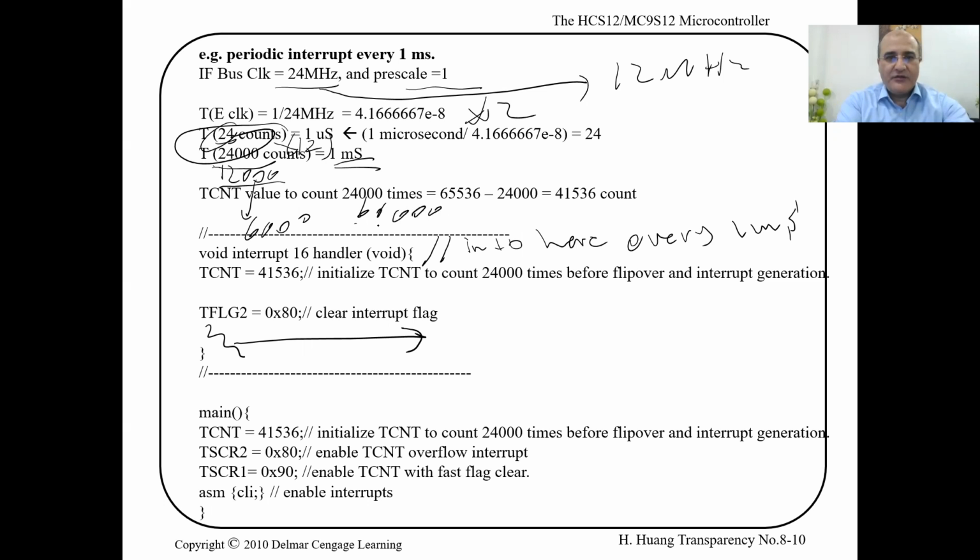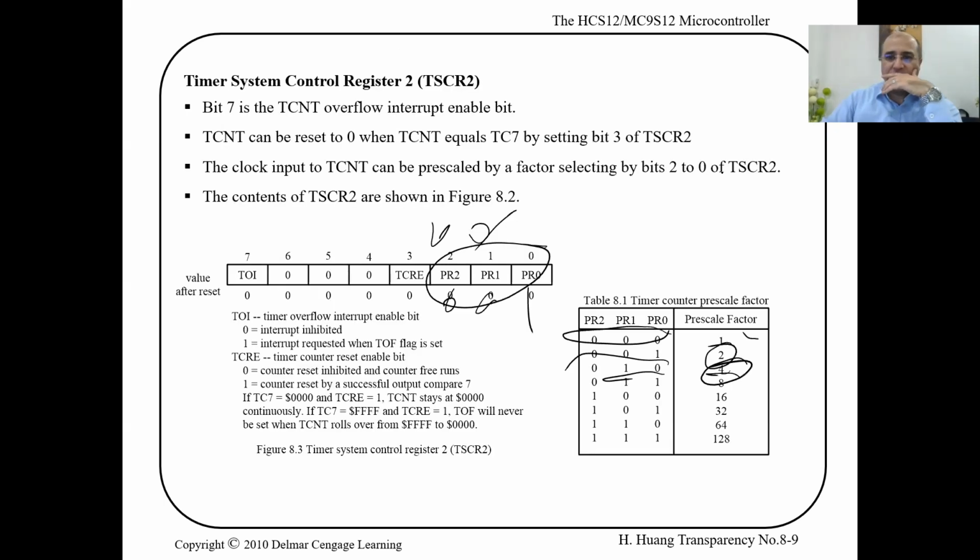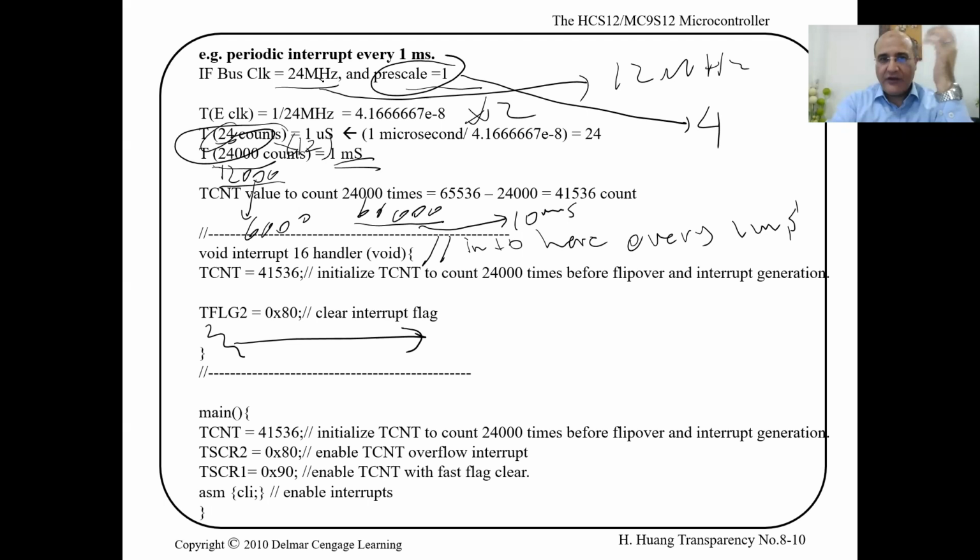But in this case, you need to use a prescaler of 4. So you can play with these numbers to control how fast you're counting, and you can compute how many counts to achieve a certain amount of delay and compute the initial value.